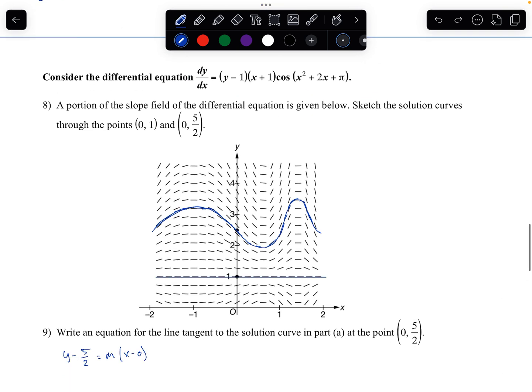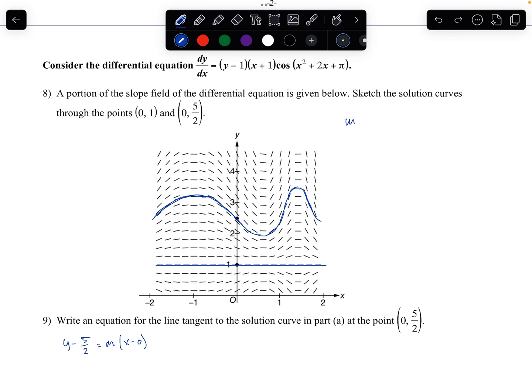So m will be equal to (5/2 minus 1) over (0 plus 1) times cosine of (0 plus pi). So that's going to be equal to 3/2 times 1, and cosine of pi is negative 1.